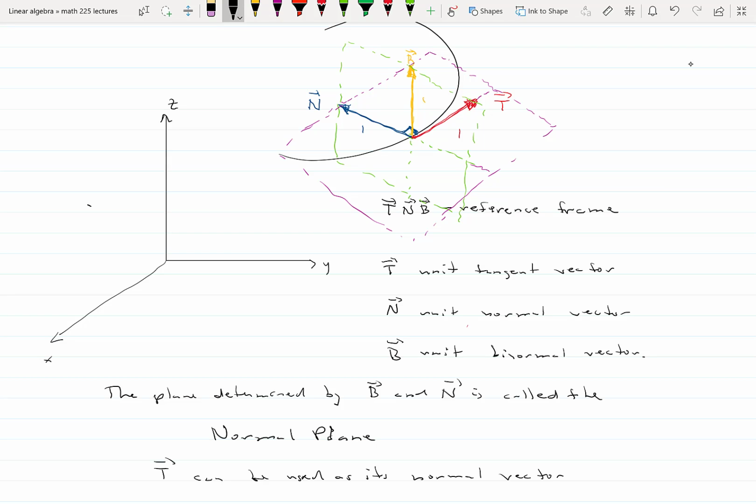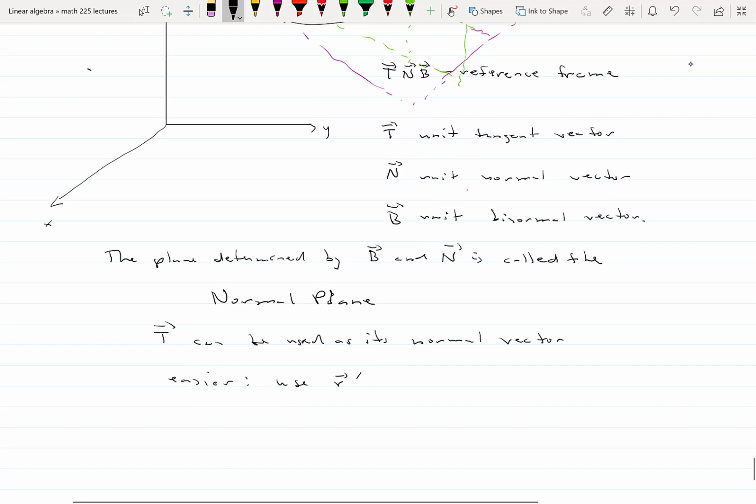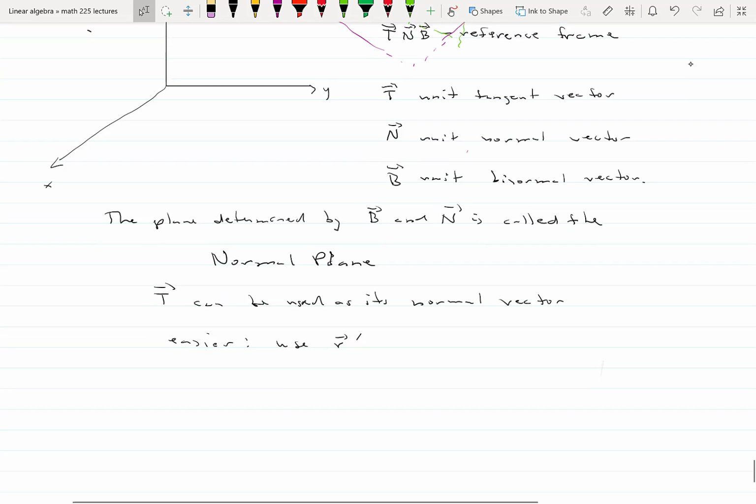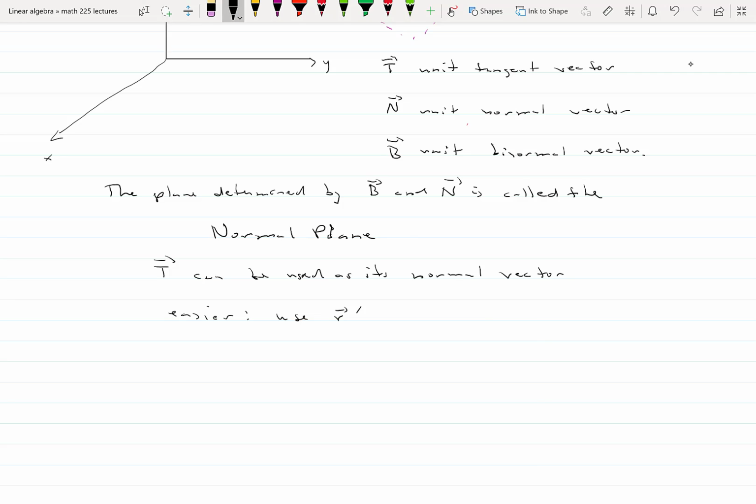If I could find the best 2D plane that would fit this 3D curve just at that moment, it would be the plane determined by T and N. That plane has a special name.